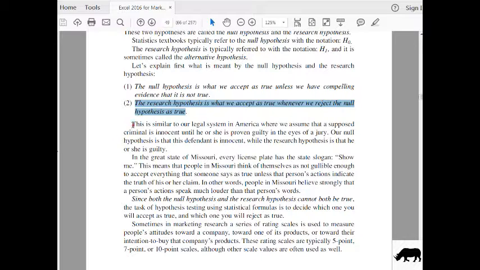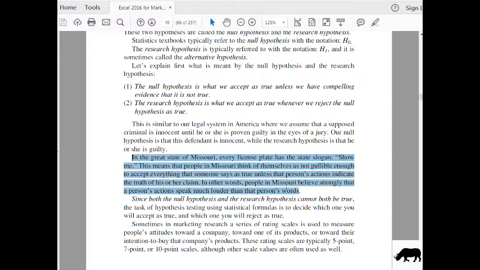This is similar to our legal system in America, where we assume that a supposed criminal is innocent until he or she is proven guilty in the eyes of a jury. Our null hypothesis is that this defendant is innocent, while the research hypothesis is that he or she is guilty. As the state slogan says, "Show me." This means that people in Missouri think of themselves as not gullible enough to accept everything that someone says as true unless that person's actions indicate the truth of his or her claim.